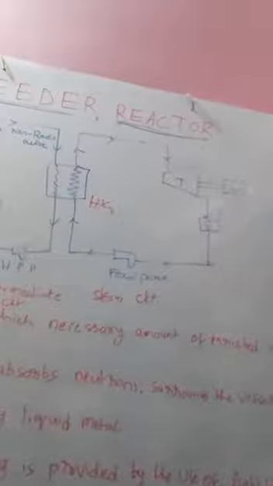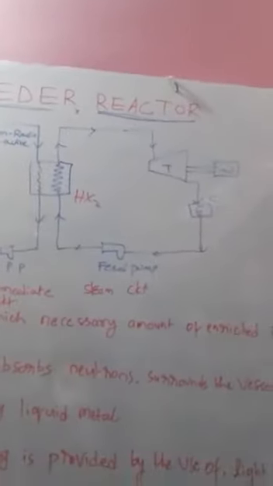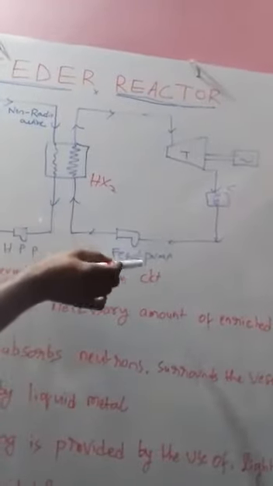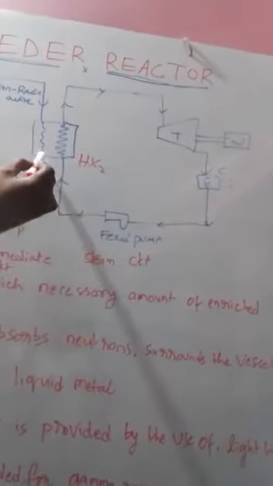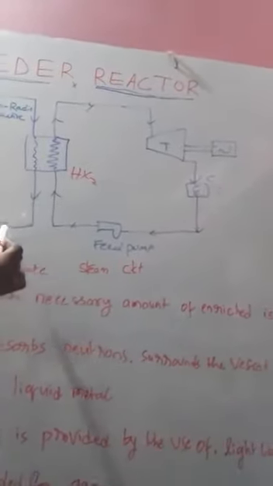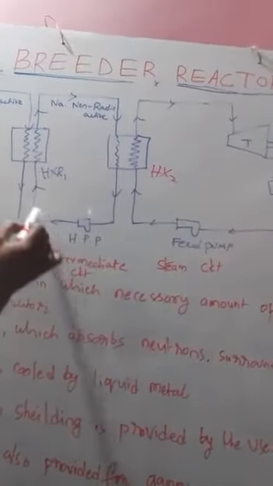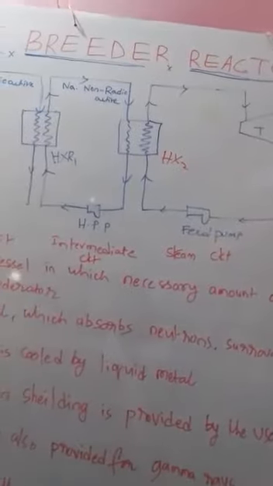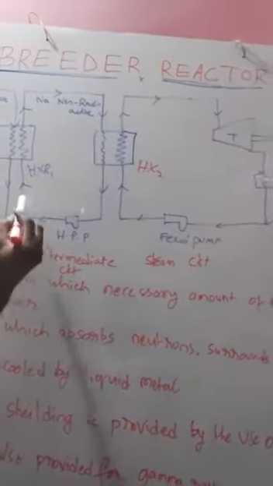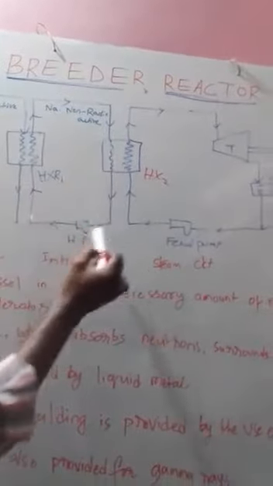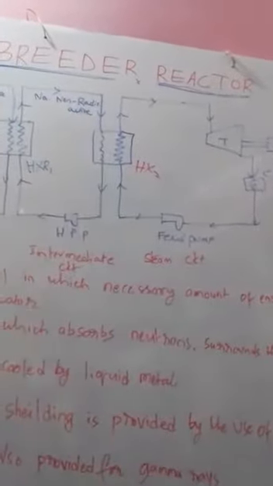This is nothing but a boiler or a steam generator. After transferring the heat to the working fluid in the steam circuit, it will become cool and enters the high pressure pump, and it will be pumped by the pump to heat exchanger 1. In this way, this non-radioactive liquid sodium will circulate through this intermediate circuit.